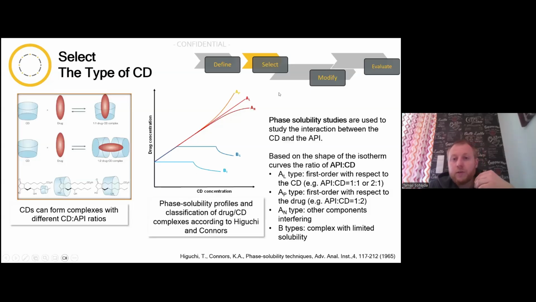In the majority of the cases, we observe these kinds of A-type curves that you can see here, especially with modified cyclodextrins. So more or less, as you increase the cyclodextrin concentration, the drug concentration also increases. This can deviate a bit from linear, maybe because of the stoichiometry. That could be a reason why it deviates. But generally, as you increase the cyclodextrin concentration, you can dissolve more drug.